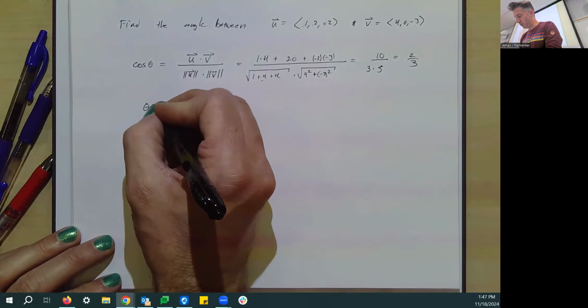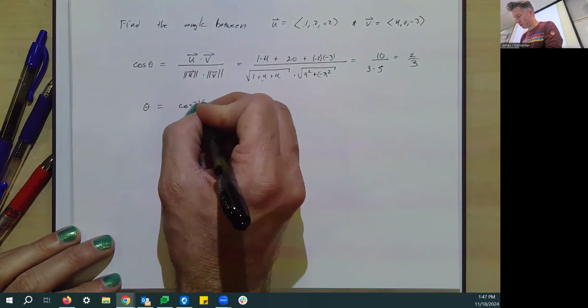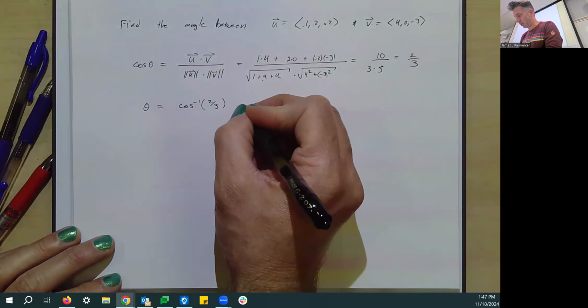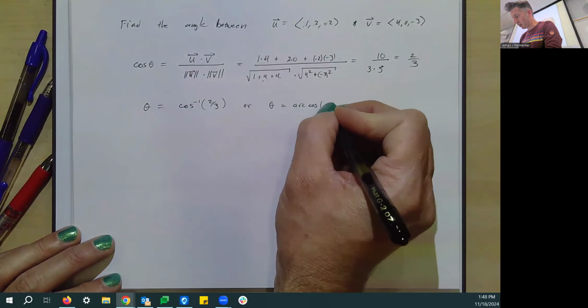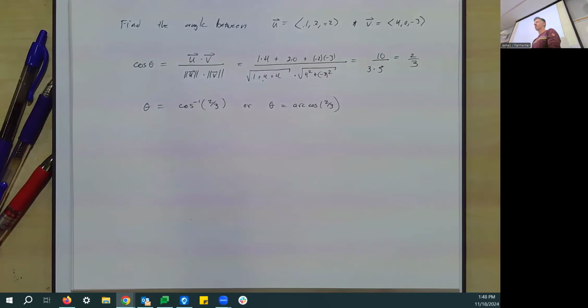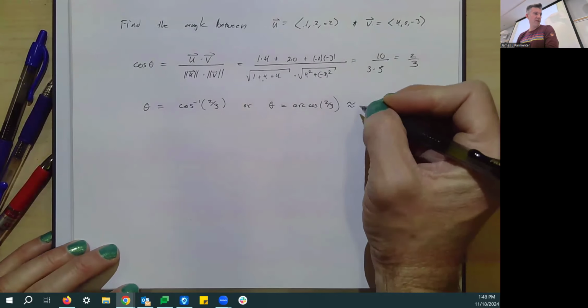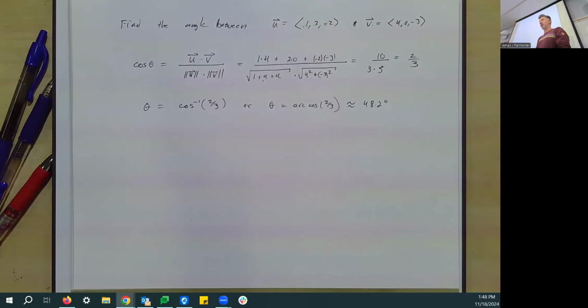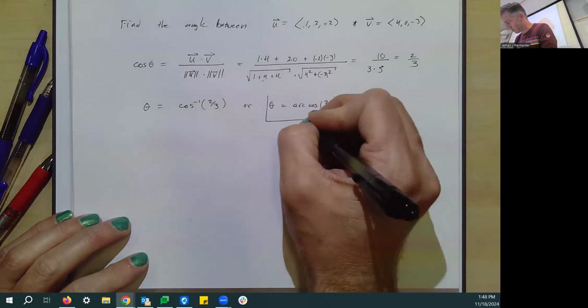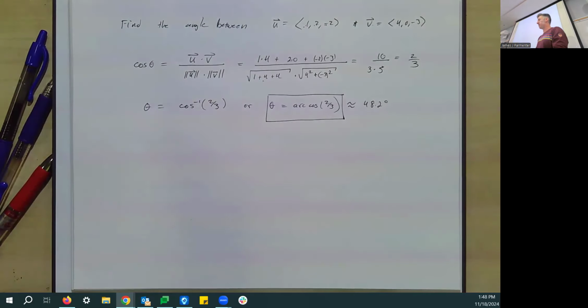So our angle is the inverse cosine of 2/3, or if you prefer, and I kind of do prefer, the arc cosine of 2/3. Which, if you care, is approximately 48.2 degrees. But if I was asked this question, this is definitely the answer that I would submit, not the decimal approximation.